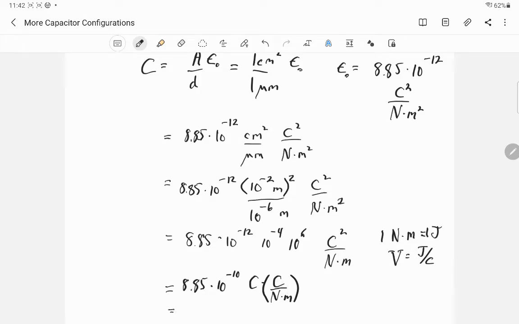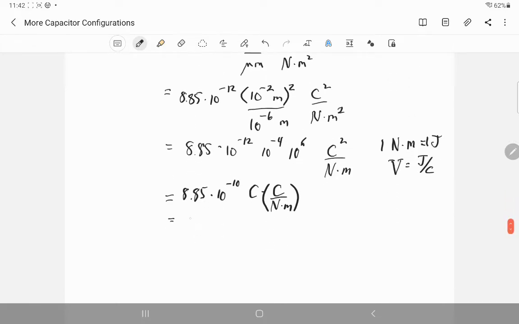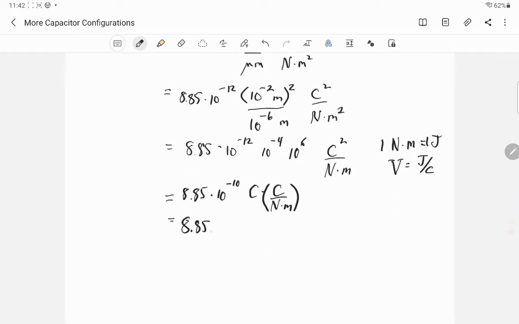So this is 8.85 times 10 to the minus 10 coulombs per volt. But this is what we defined as being called the farad. So let me just replace it with the SI unit of capacitance.